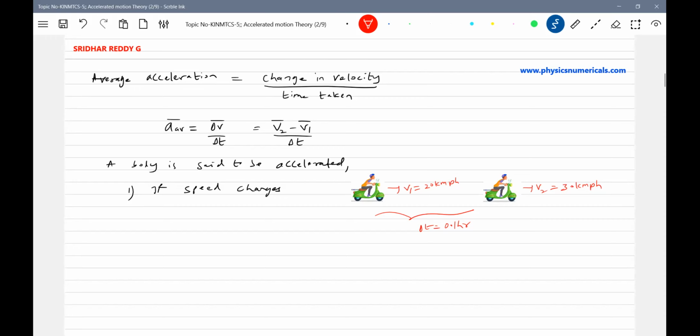So then can we show the average acceleration? It will be in this direction. Why is it directed this way? Because V2 minus V1 is final minus initial. So how to calculate that? A average is equal to V2 bar, which is 30 i cap kilometer per hour, minus 20 i cap kilometer per hour, by the time, 0.1 hour.